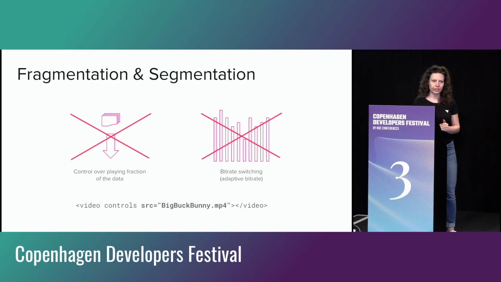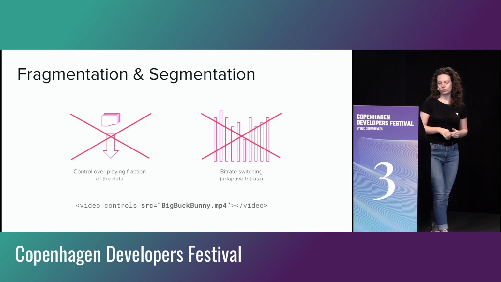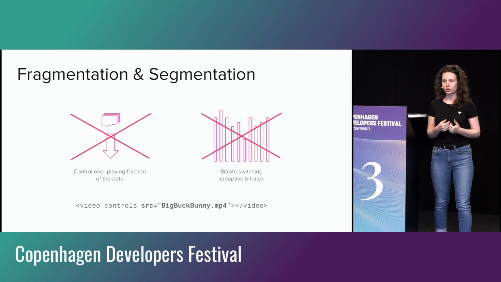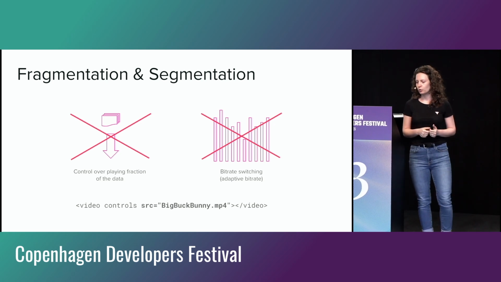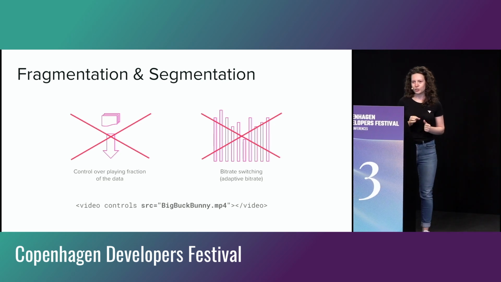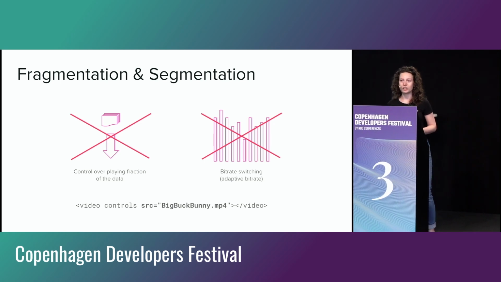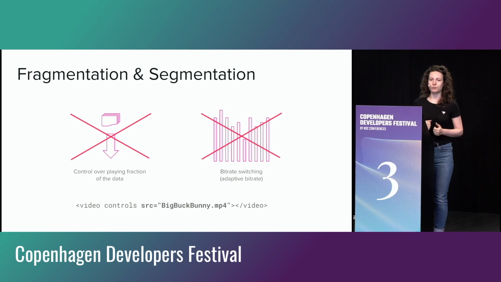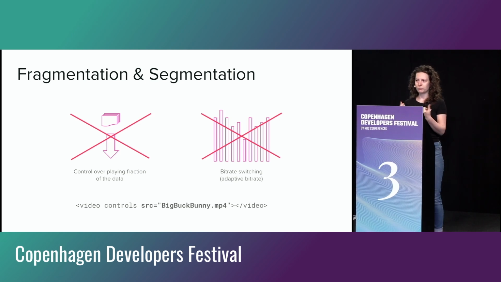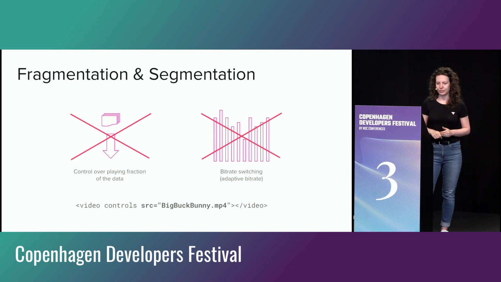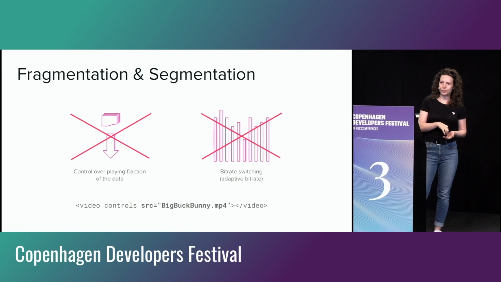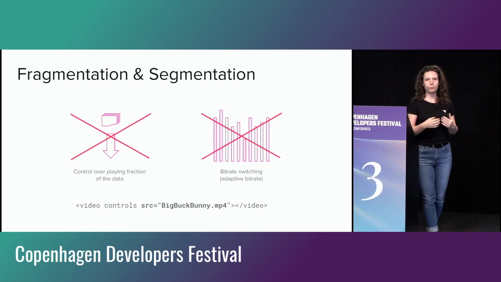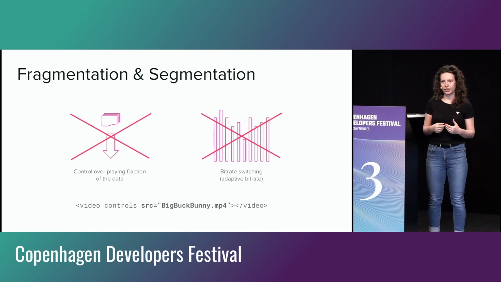These issues are that we can't control over playing a fraction of data, and it doesn't support bitrate switching. And these two are very crucial when it comes to ensuring a smooth and efficient playback. What do I mean by these two criteria? When it comes to the first one, it's very important to play with just a fraction of data.